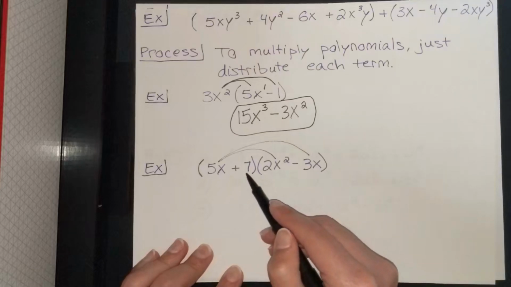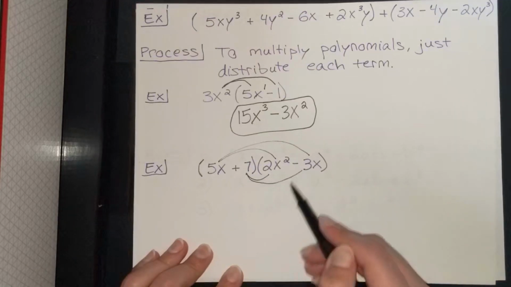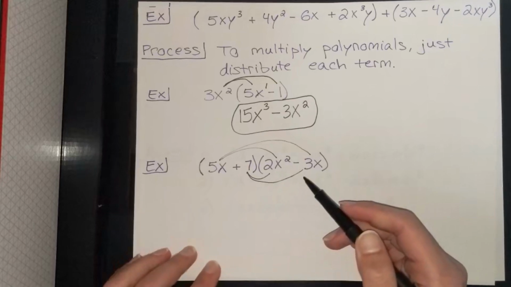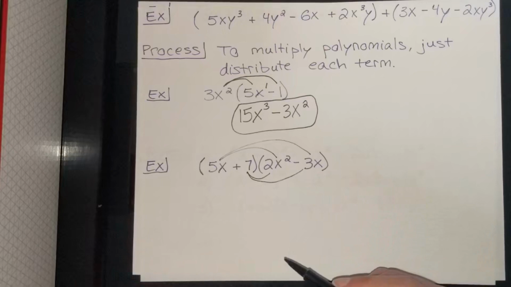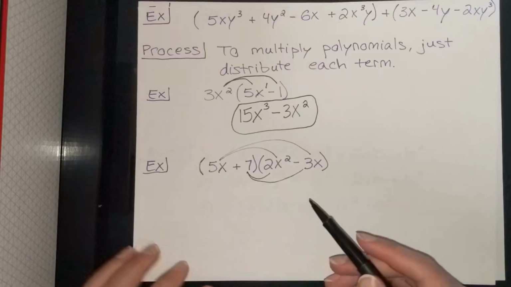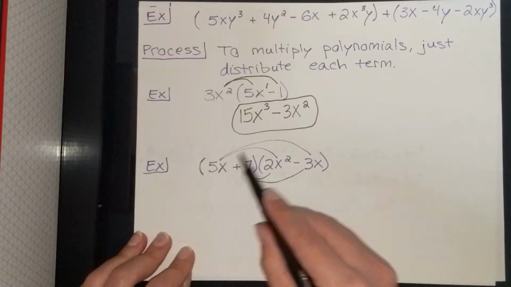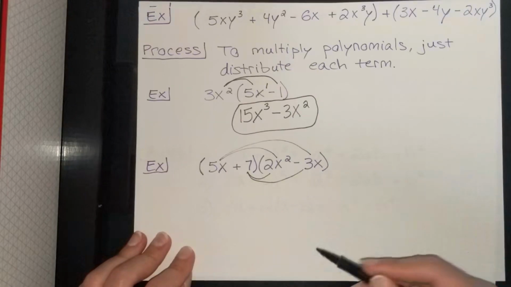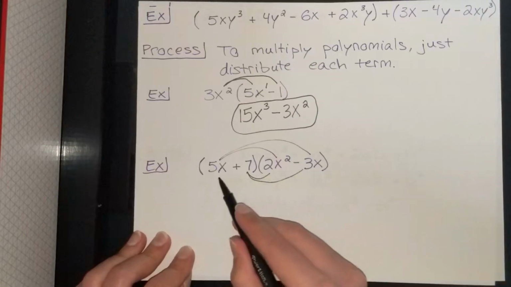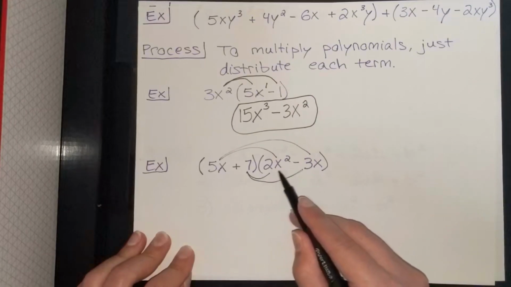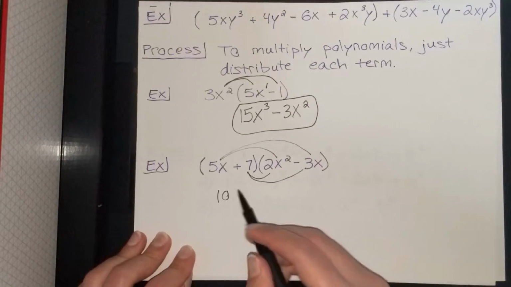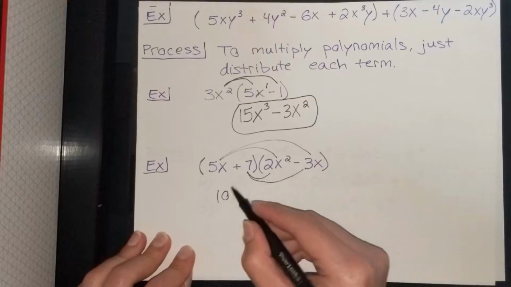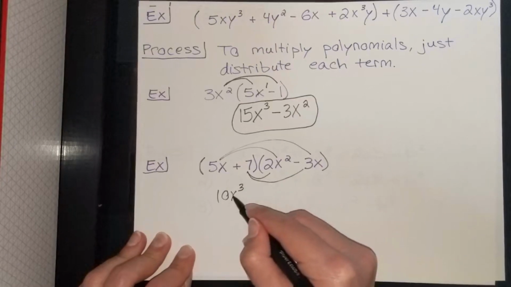So again, the 7 will also be distributed to each of these terms. You may have also seen a FOIL method is one of the most common ways to go about this, but foiling is just another way of saying distribute. So whichever you prefer. So we get 5x times 2x squared gives us 5 times 2 is 10. X times x squared gives us x cubed.